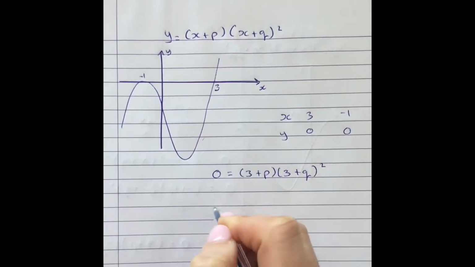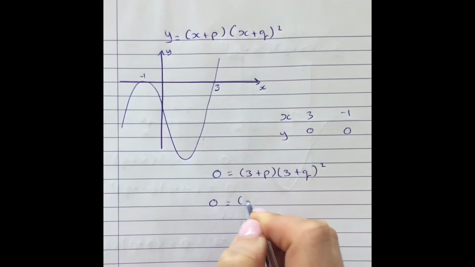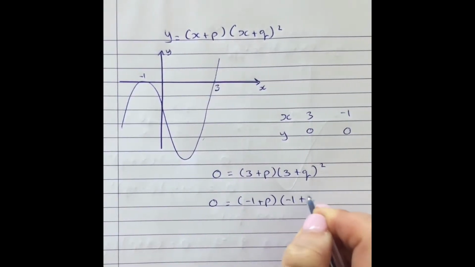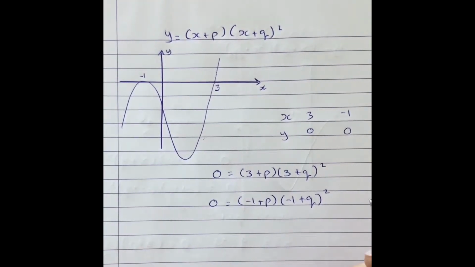It also means that I can write 0 is equal to (minus 1 plus p)(minus 1 plus q) all squared. For this here times this to equal 0, either 3 plus p must equal 0 or 3 plus q must equal 0.